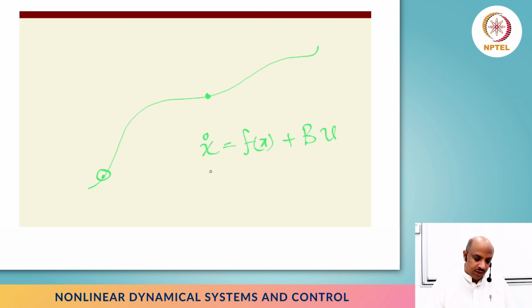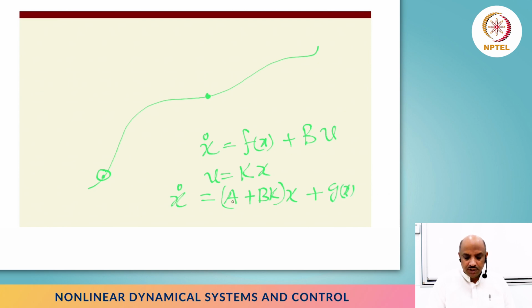Then you can choose u equals Kx, and in the linear case it becomes something like A plus BK times x plus g of x. Here f of x is linearly approximated by Ax plus g of x, and u is replaced by Kx. We can pick K so that even if A is unstable, A plus BK is Hurwitz, and that gives local stability.